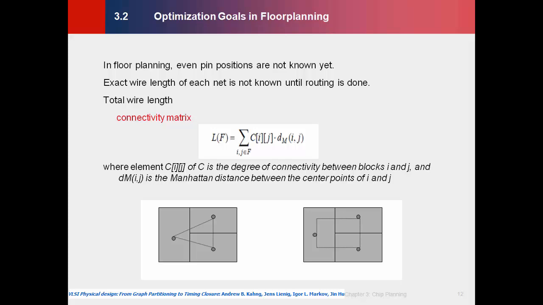In the center to center estimate, supposing you have three blocks A, B, and C, and you have, say, 4 connections between A and B, we just multiply 4 by the Manhattan distance between blocks A and B. That gives an estimate of the total wire length. It is a fair estimate at this stage, because anyway we don't know the pin locations on the periphery of the blocks.